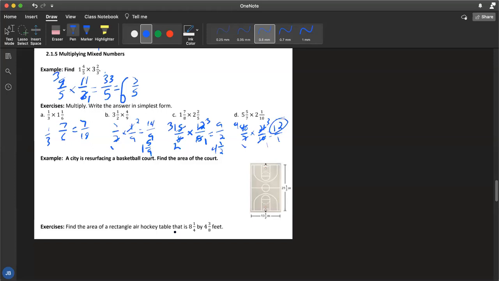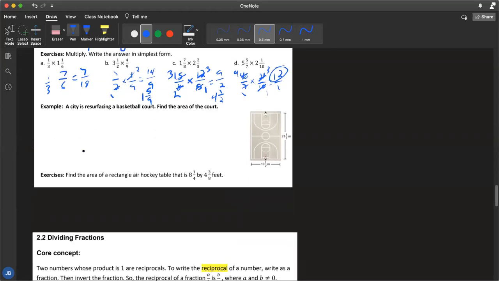Okay, so when we're using these in an example, right? This is a real life example. A city is resurfacing a basketball court. Find the area of the court. The area is the width times the height. So we have 21 and 1/3 times 13 and 1/2, right?